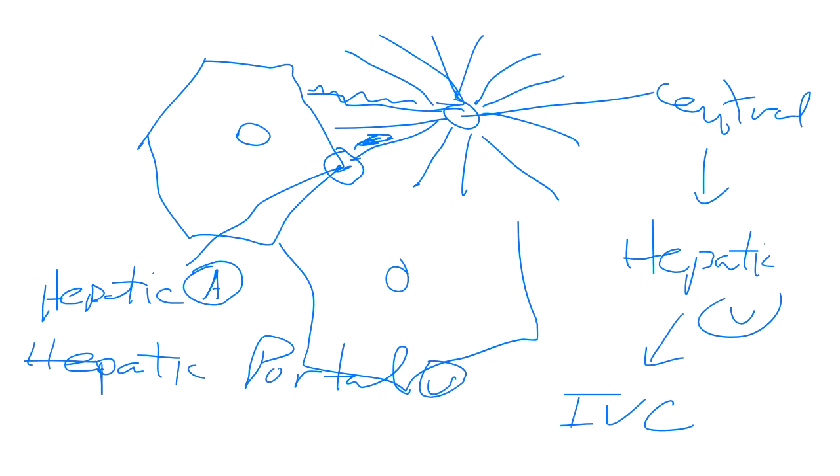Later on, when we talk about liver pathology, this area here brings oxygenated blood. So whenever there's a blockage in the hepatic artery, for example, the area that is most likely going to die first is usually around the central vein, because it's further apart from this area.